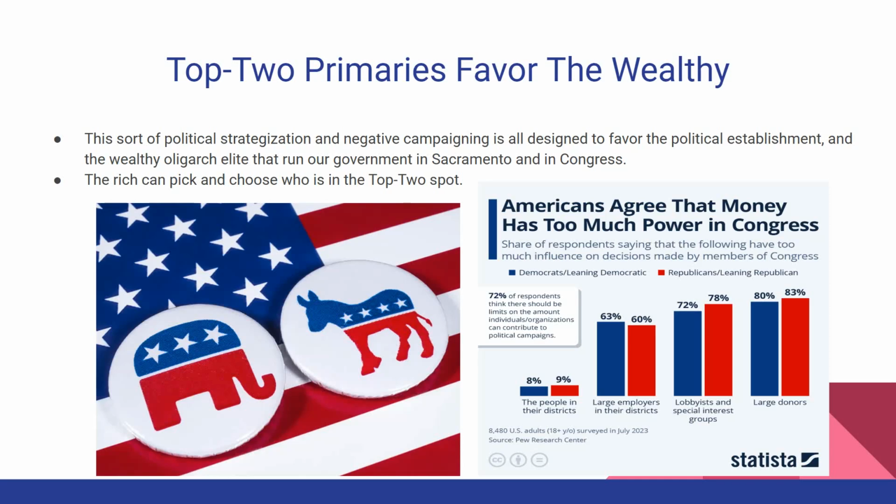The rich, under top two primaries, can pick and choose who is in the top two spots. And as Americans, I think we all agree that money has too much power in Congress, and top two doesn't really do much in reducing the amount of influence that money plays in Congress, or how much influence lobbyists and big donors have.